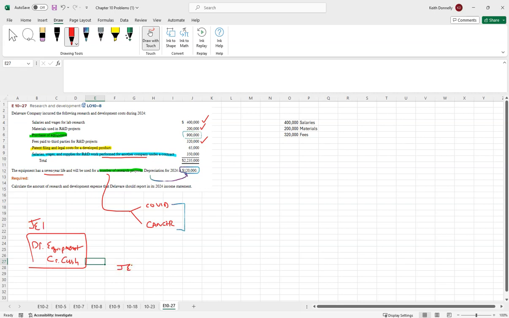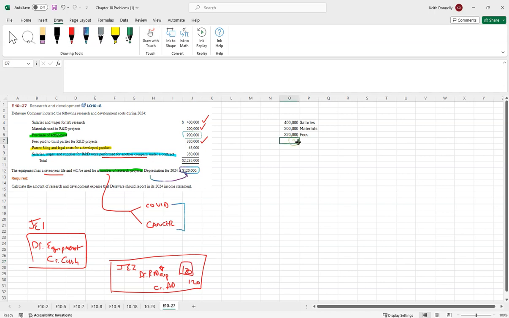Then journal entry 2 is the depreciation, but essentially you use R&D expense instead of depreciation expense. That's the trick there, for 120, and we credit accumulated depreciation for 120. So this 120,000 comes up here. That's going to be depreciation on the R&D equipment.